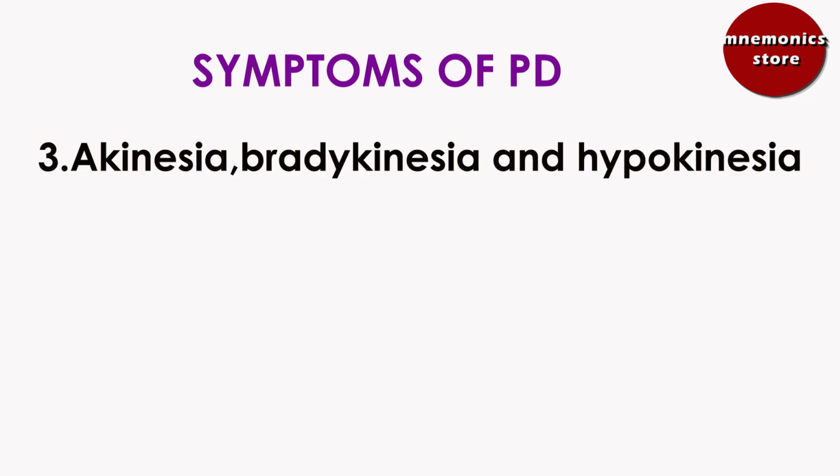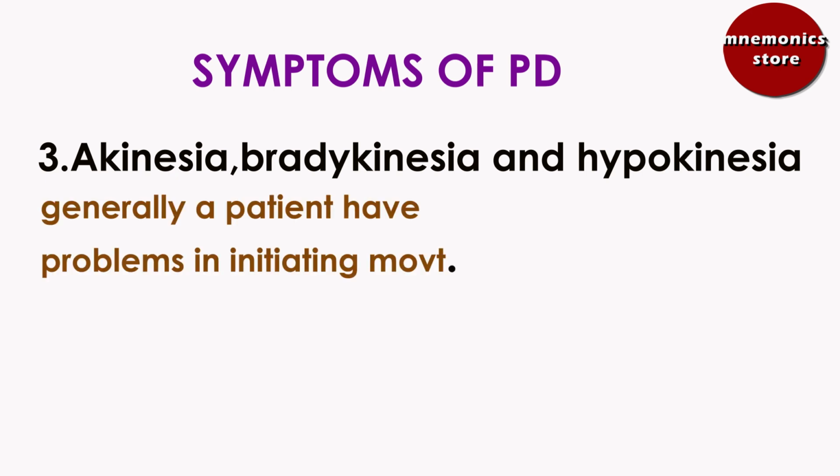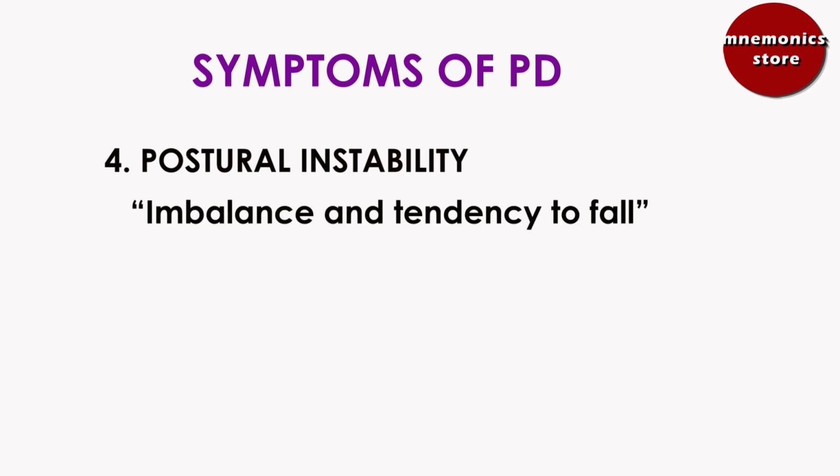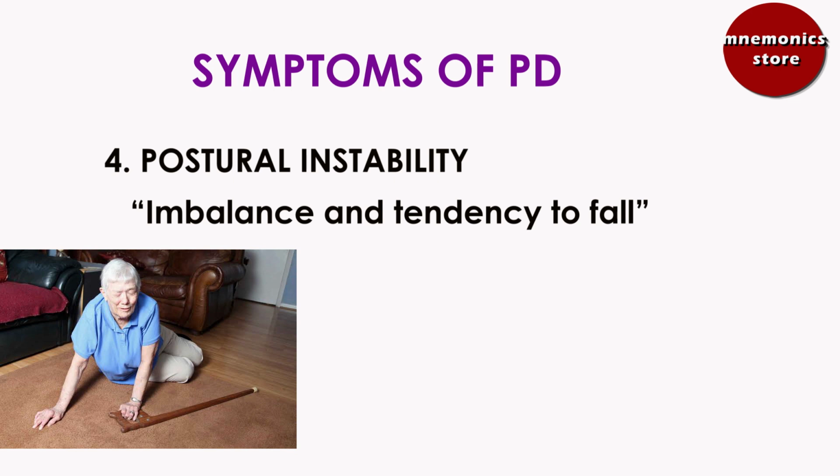Third, we have akinesia, bradykinesia, and hypokinesia, in which a patient presents with absent, less, or slow movement, and generally has problems initiating movement. Fourth, we have postural instability, where there is imbalance and the patient always has a tendency to fall.